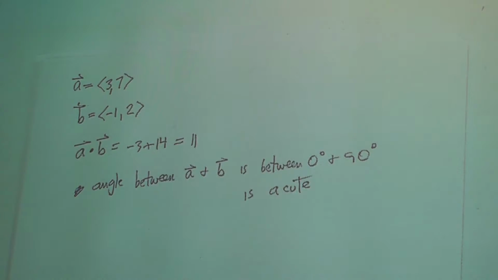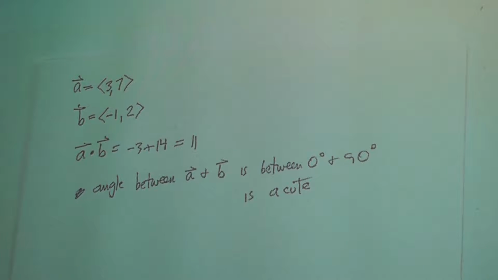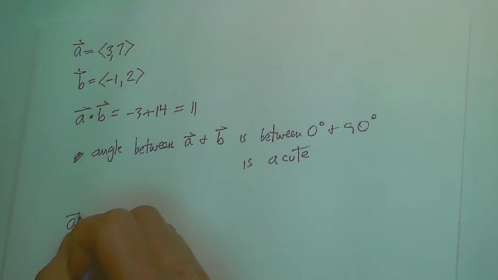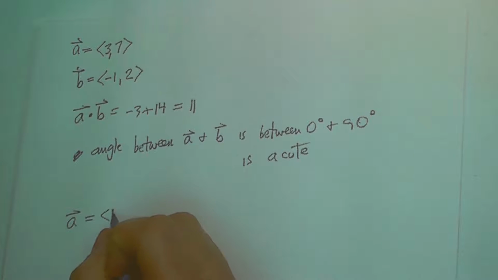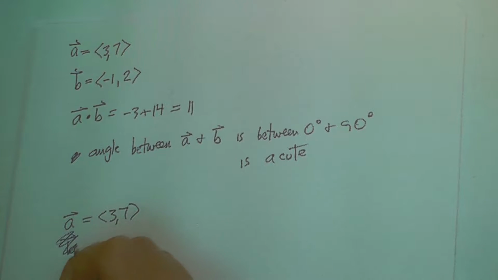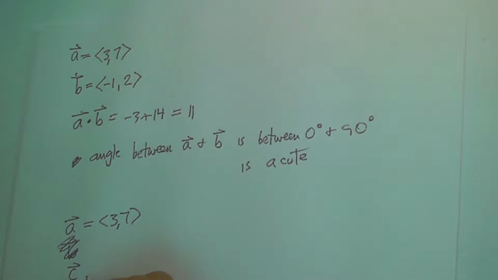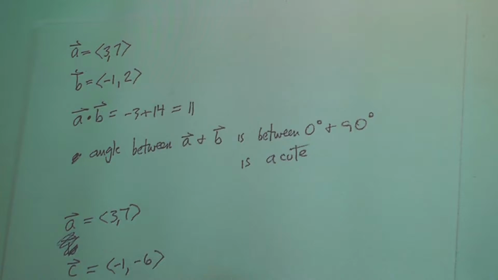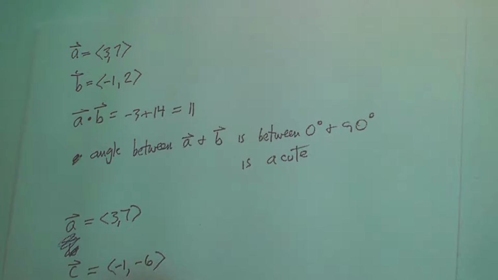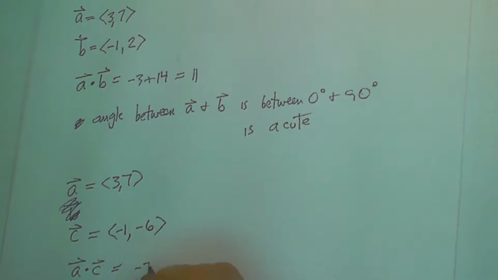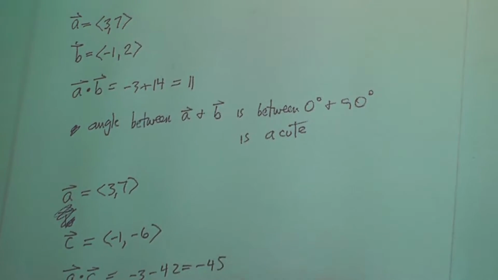But if I gave you A equaling 3, 7, and C, because I have B above, C is equal to -1, -6, A dotted with C is -3 minus 42, that's minus 45.